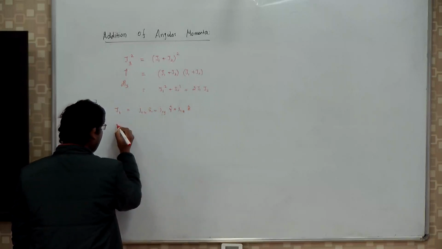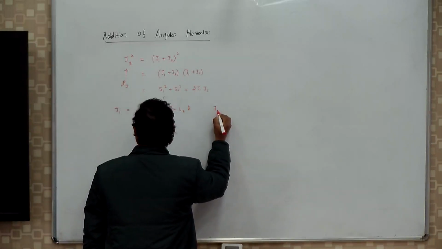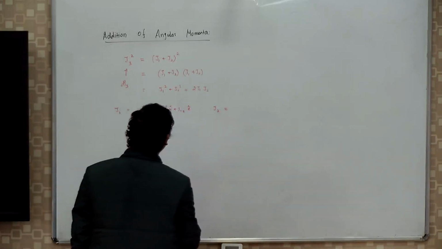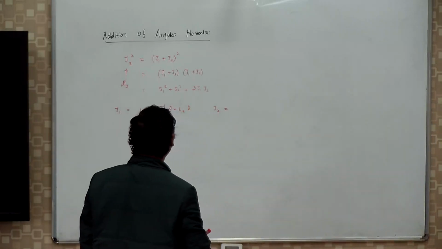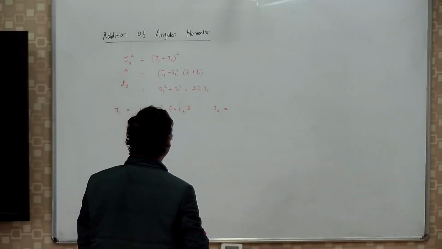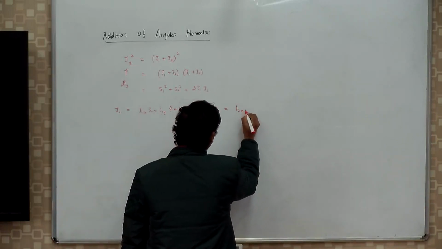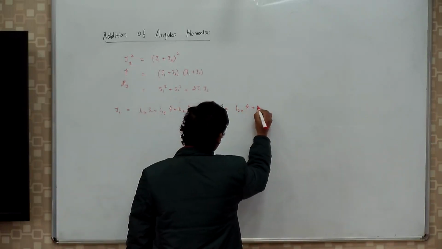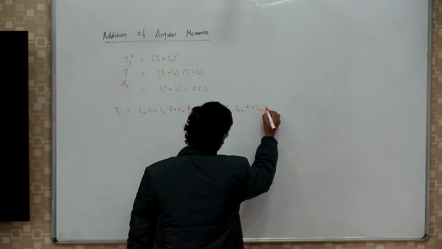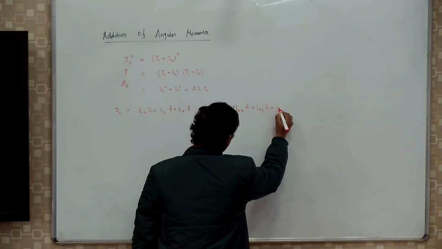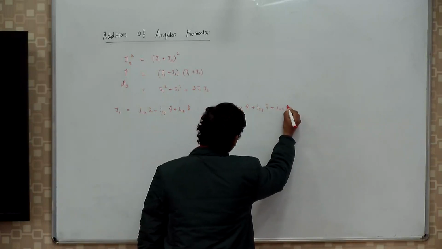And similarly for writing the angular momentum of system Z2, we can write Z2x x unit vector, Z2y y unit vector, Z2ez ez unit vector.